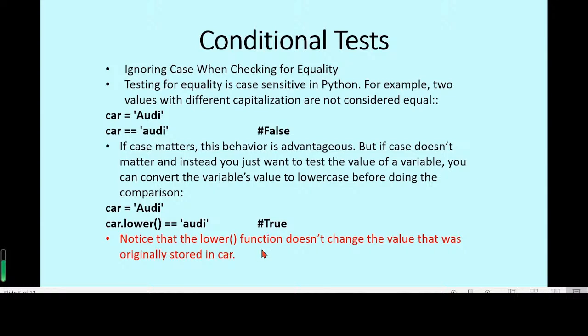Notice that the lower function doesn't change the value that was originally stored in car. So the car's value is still Audi. And this lower is just a temporary transform of the value to lowercase to do the conditional test.